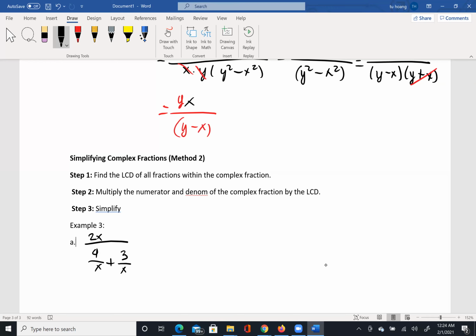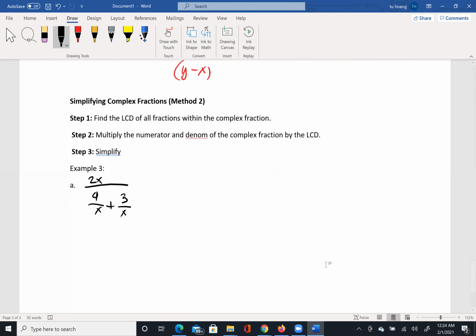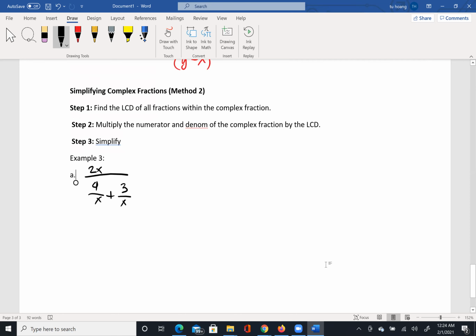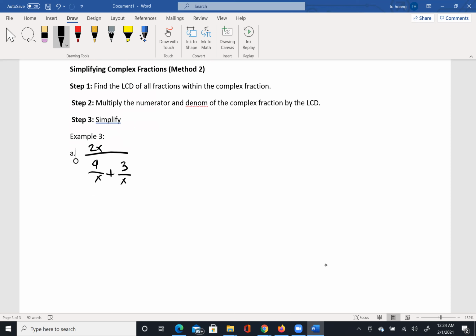So I want to find the LCD of all the fractions, right? Here I have only 2 fractions. So the LCD should be x, right? LCD equals x because both fractions have the same denominator, right?